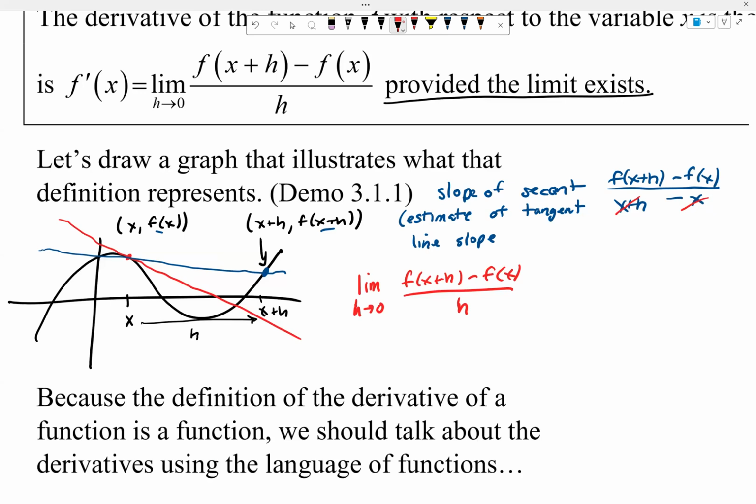And that's our definition. We're going to get slopes out of this limit expression, and they're not just going to be good estimators of these tangent line slopes, they're going to be perfect estimators of the tangent line slope.